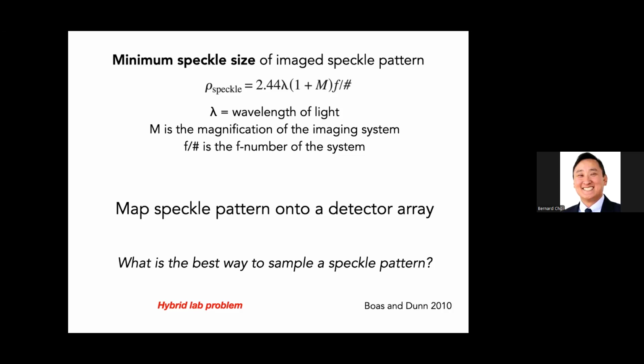Most of the time we're minifying. M is less than one because we're measuring areas larger than the detector. If you go with a really crude sensor size of about a centimeter, they can be much smaller. But then 1-to-1 would be a centimeter to a centimeter. You could calculate it theoretically, but it's very easy to measure empirically.